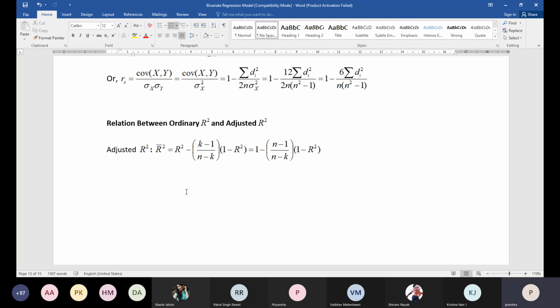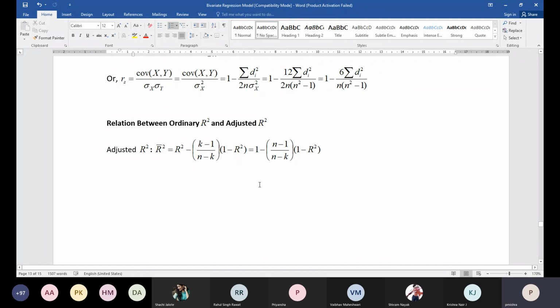But again, you will see the R bar square value is not always changing to the same extent, because as I said, it depends on what variables you are including into the model. On the one hand, you are adding more and more variables, so this component is increasing.